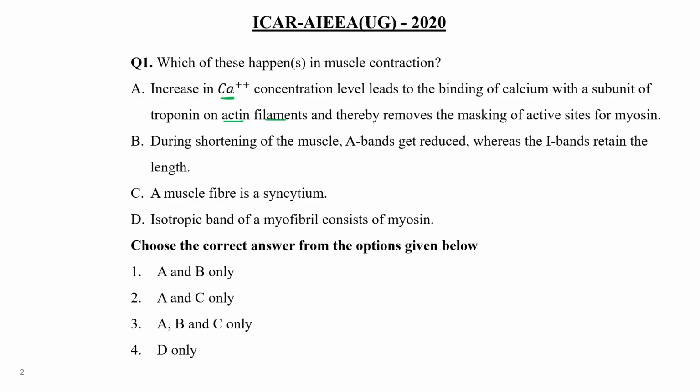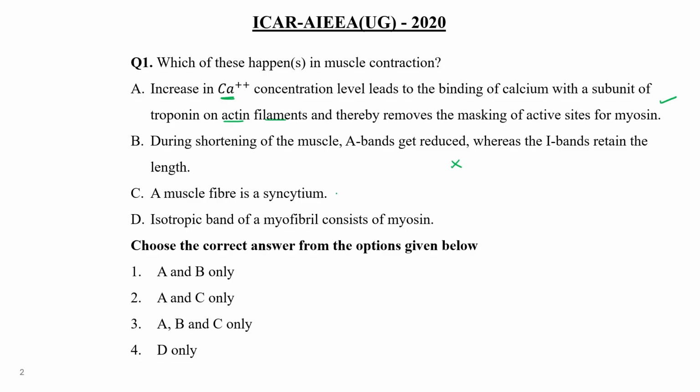This is a correct statement. Then during shortening of muscle, A band gets reduced whereas the I band retains the length. No, opposite. I band gets reduced whereas the A band retains the length. So this one is a wrong statement.